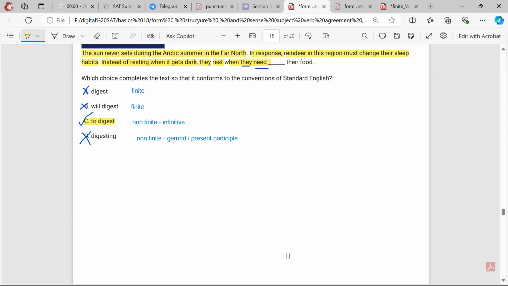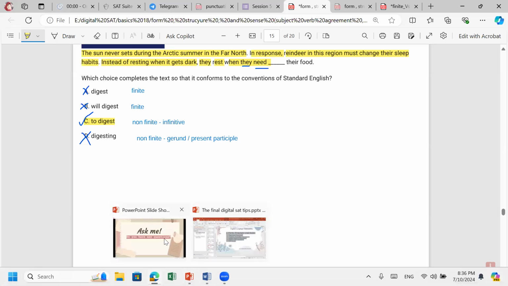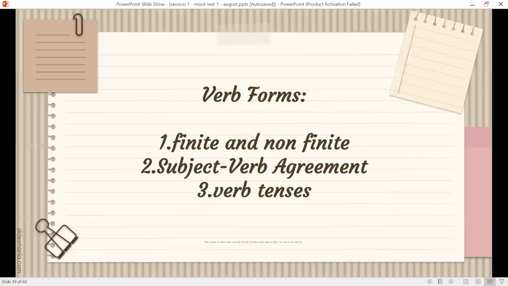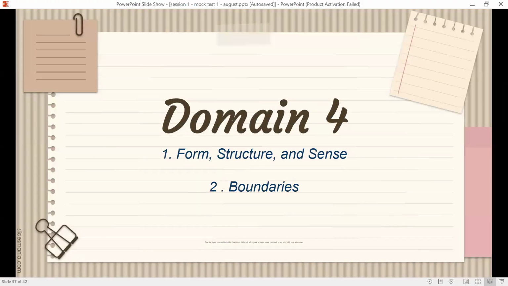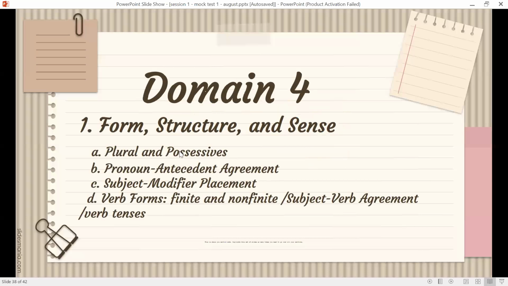So in order to make sure that you understood what you've taken today, you need to review what I said. We were working today on domain 4. Domain 4 has form and structure and sense, and boundaries. Boundaries are related to punctuation. We didn't talk about punctuation, but form, structure, and sense are related to the plural and possessives, pronouns, subject, modifier placement, verb forms.